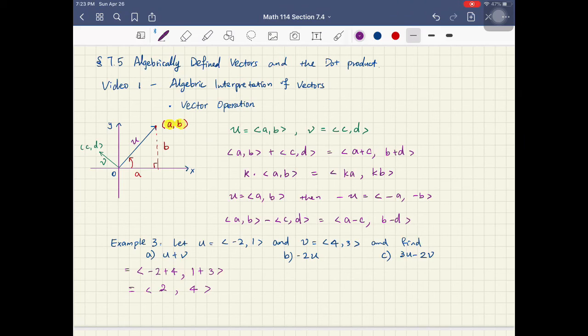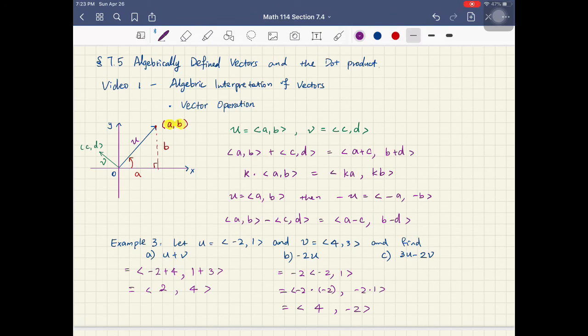Second one, negative 2 times u. Negative 2 times negative 2 comma 1 is negative 2 times negative 2 comma negative 2 times 1. So we got 4 comma negative 2, and that is negative 2u.